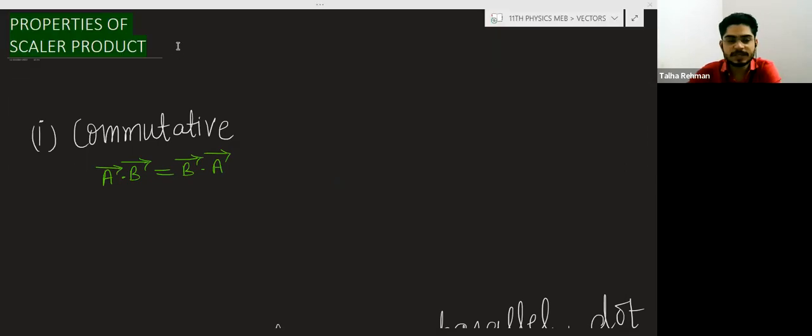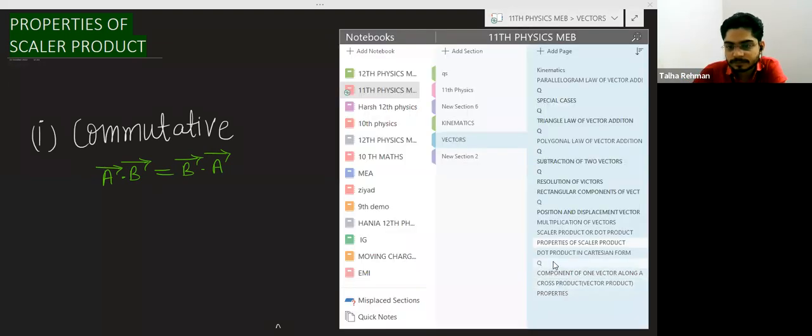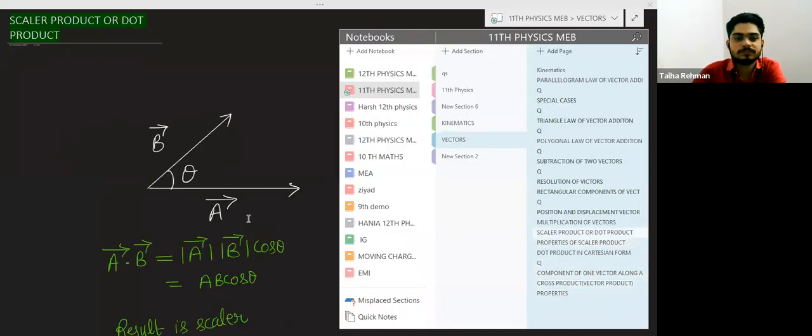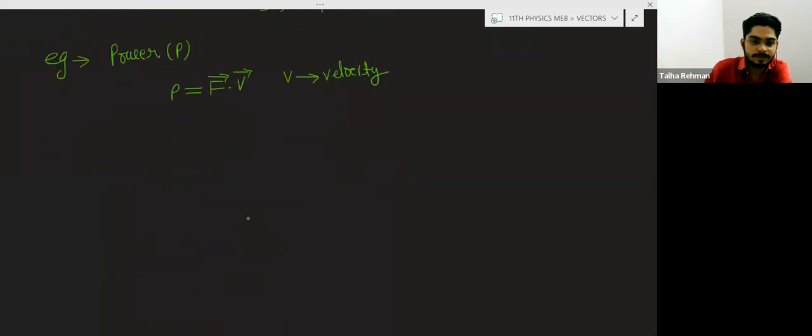Why is the result scalar? Very simple. See. Suppose A vector is 2 i cap and B vector is 3 i cap.